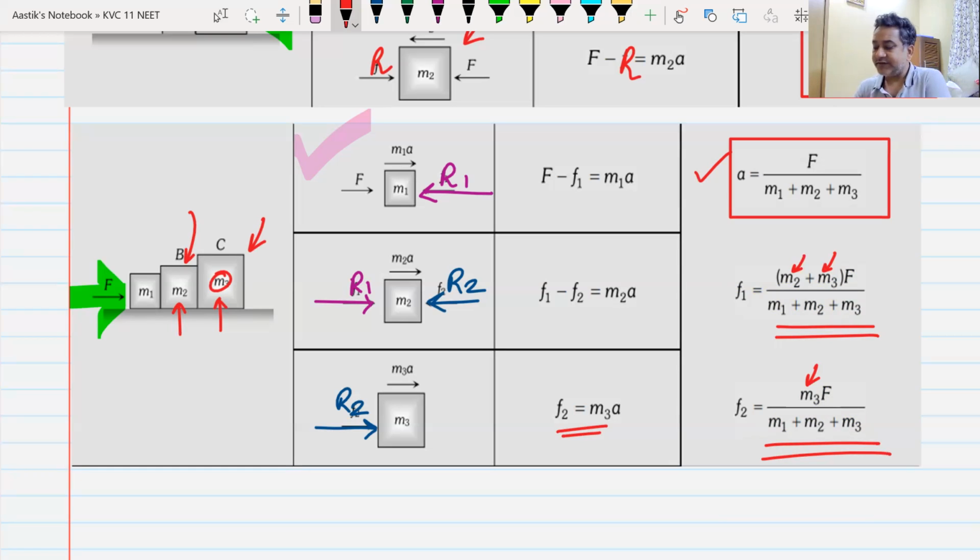Do we understand the trick? Force on the last block is its mass divided by the total mass. Okay, do we understand this?